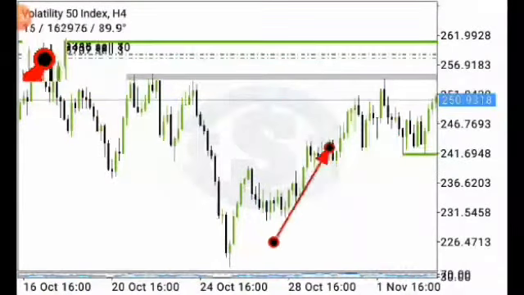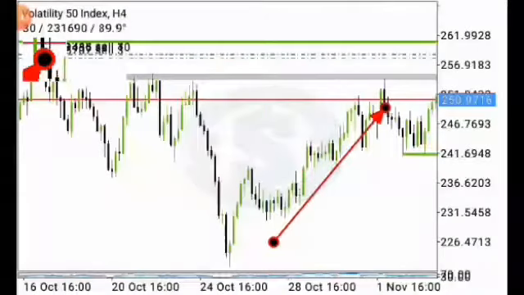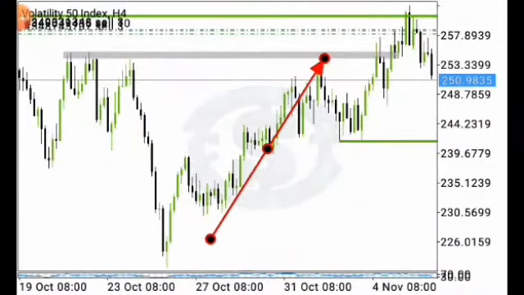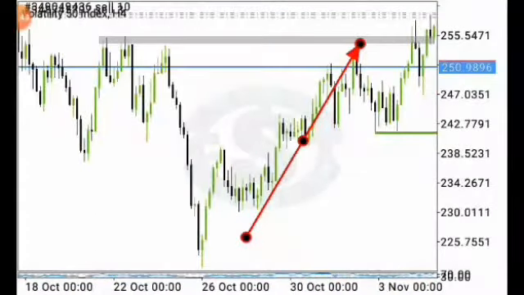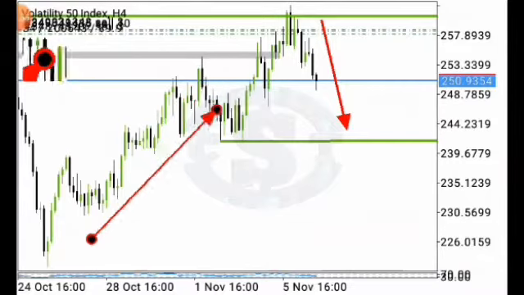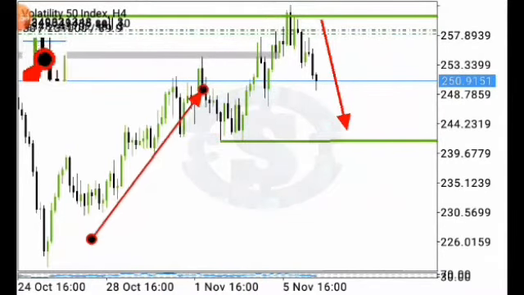Number two, it is going to take the other side liquidity, to balance up the market. Those are the two things that make price move, and price is always constantly moving for them.